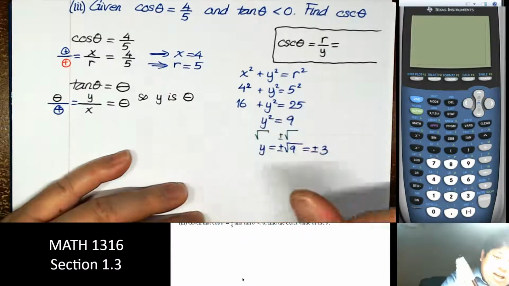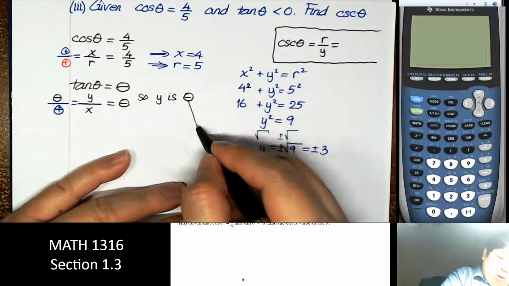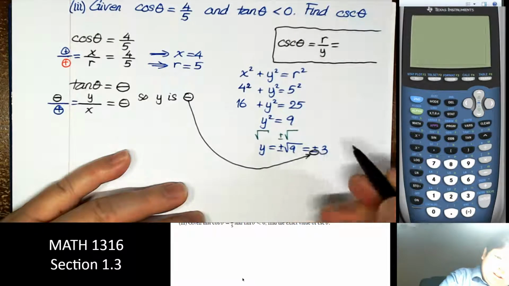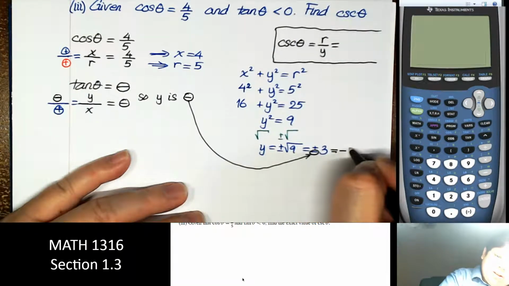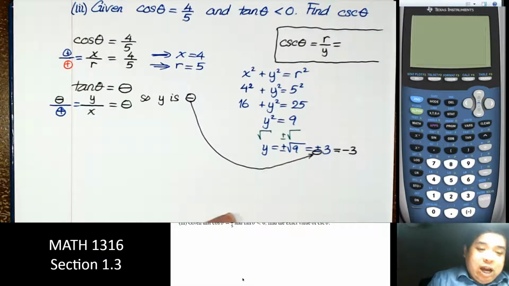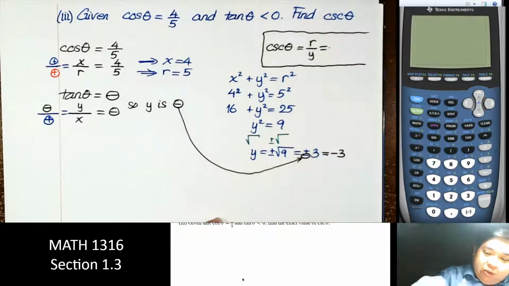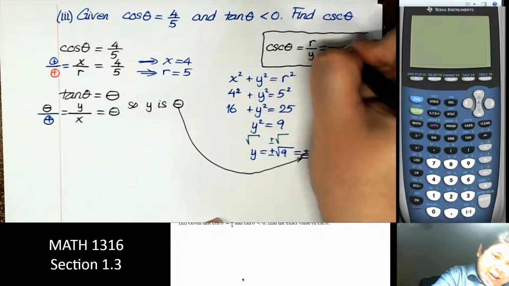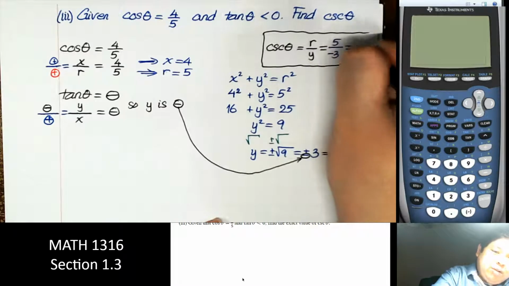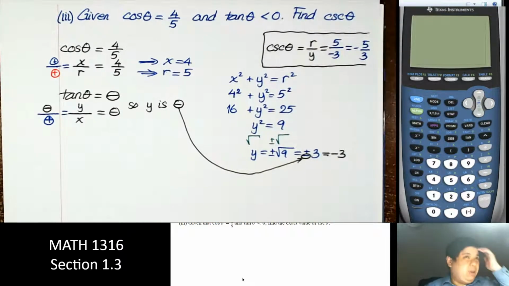And remember, in this case, we have to choose y to be negative. So the answer, y is negative 3, r is 5. So we have negative 5 over 3.